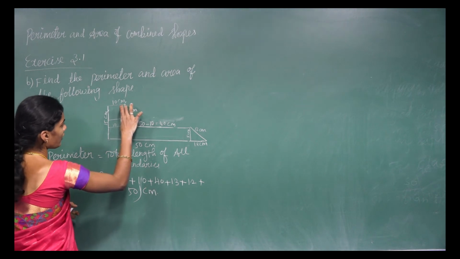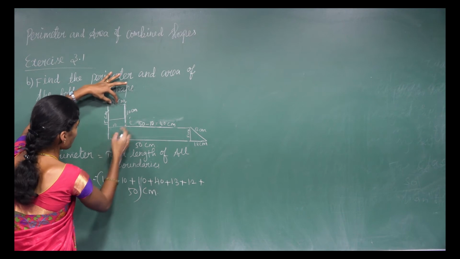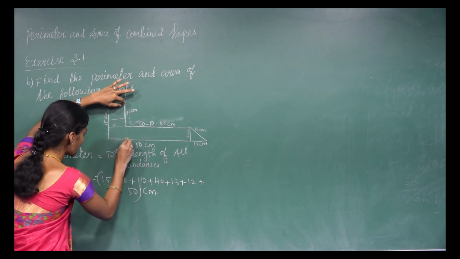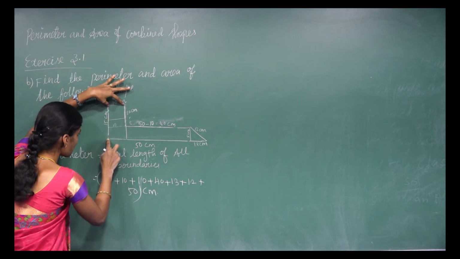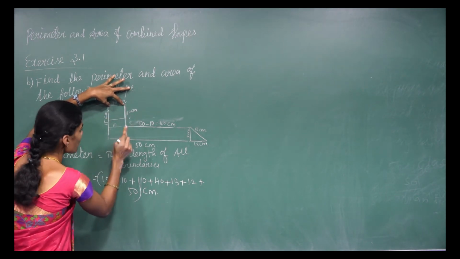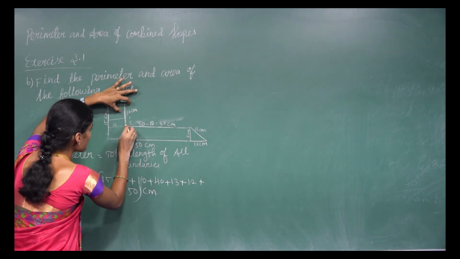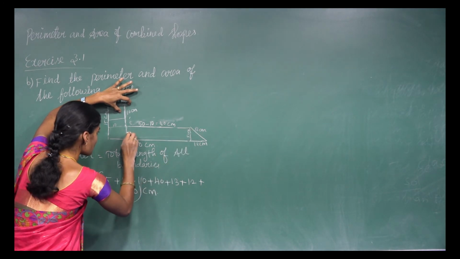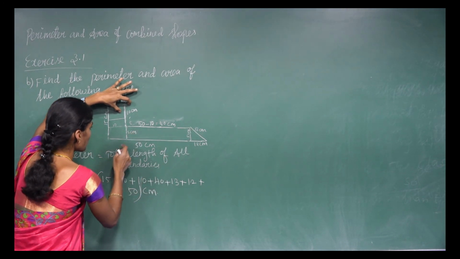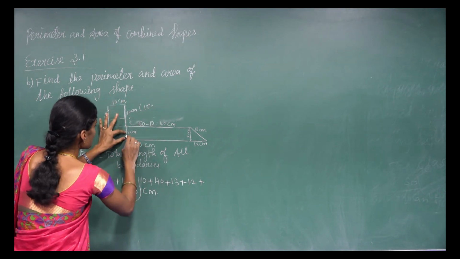Ma'am, they have not given the values here. How to find out? See clearly, the total length is 15. Yes or no? The total length is 15. Now it's possible: this side is 15, so definitely here also 15. But we want to calculate this portion only. This area is 5 centimeter, so from the total 15 we reduce 5.